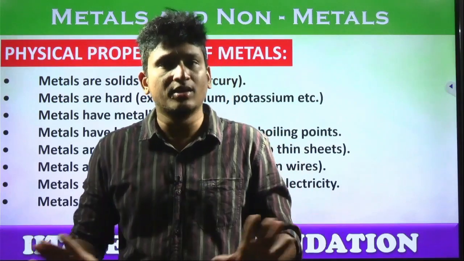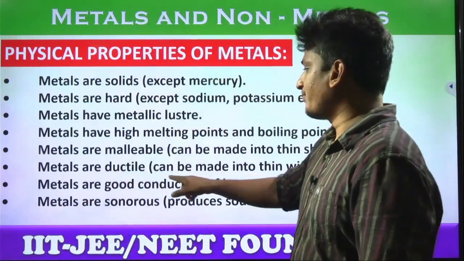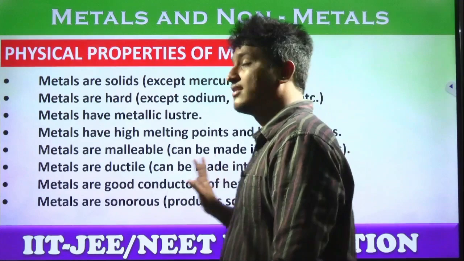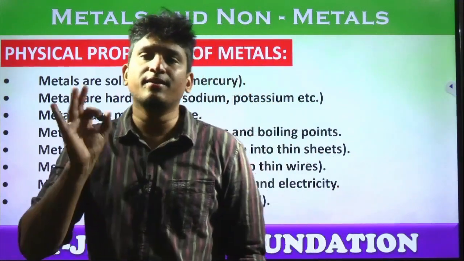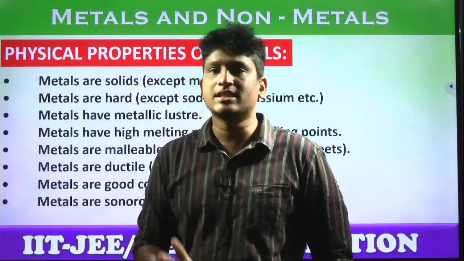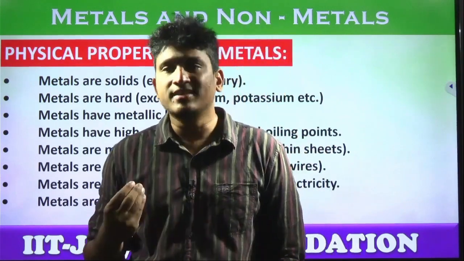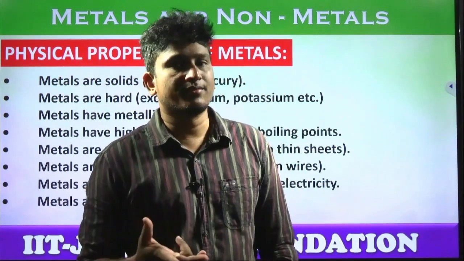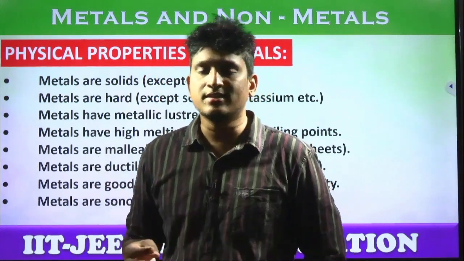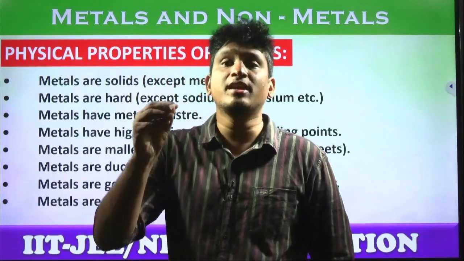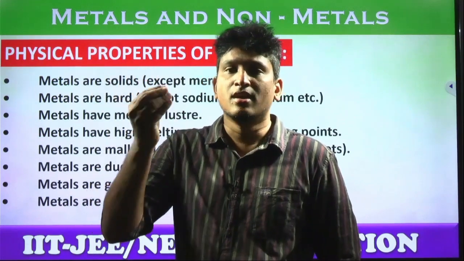They are non-malleable, non-ductile. So next, metals are good conductors of heat and electricity. This point is very, very important. Metals are good conductors of heat and electricity. What is the reason why they are good conductors of heat and electricity? The reason is metals contain some free electrons, students. Metals contain free electrons.